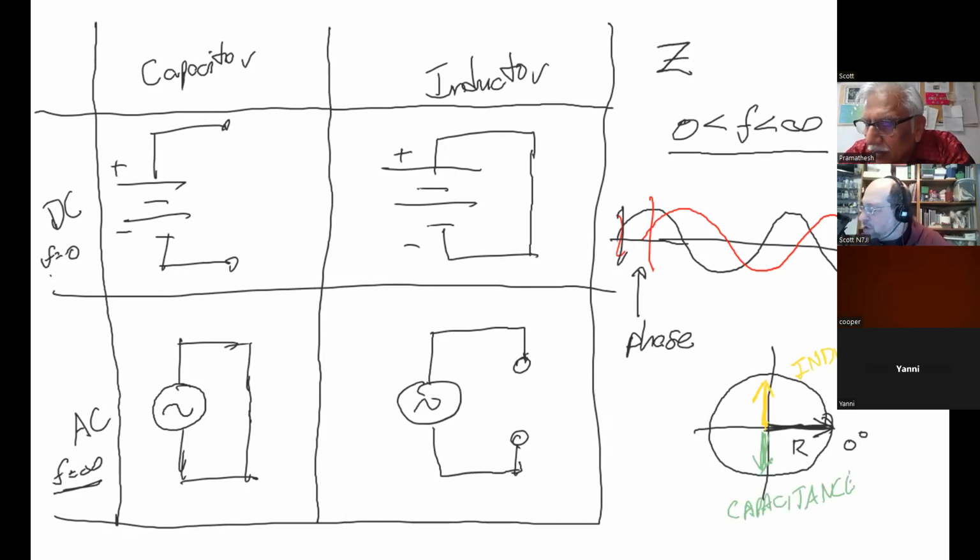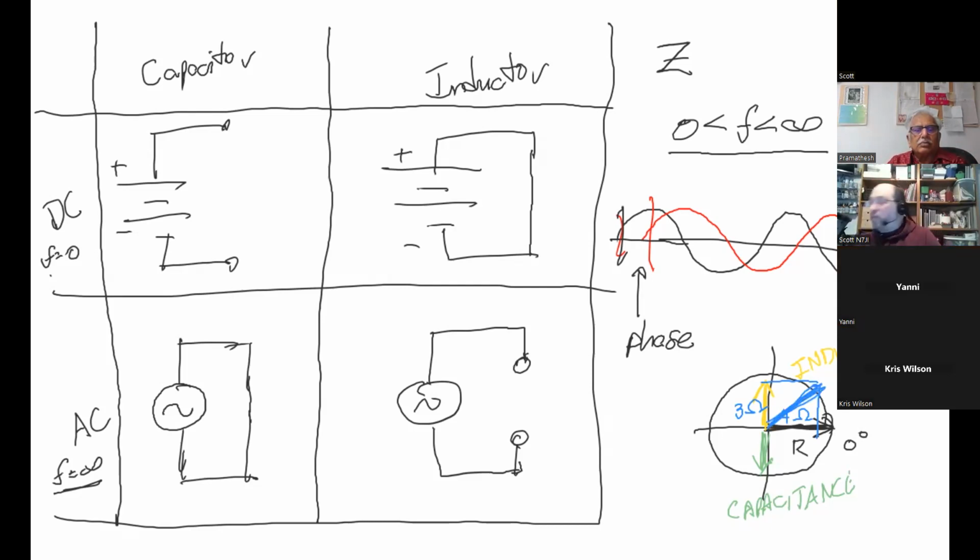So if we say our resistance was 4 ohms and our reactance was 3 ohms and it was perpendicular, what is the length of that vector?